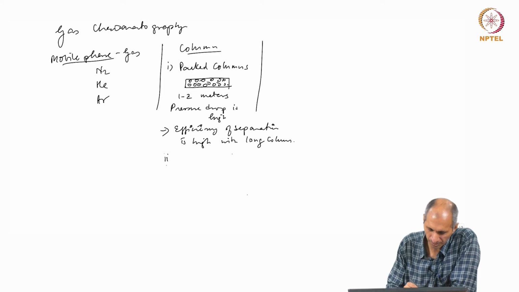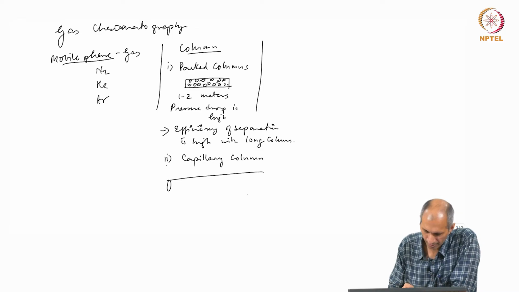So, to remove that, we developed what is called a capillary column. A capillary column is made of glass, with a coating of some plastic.